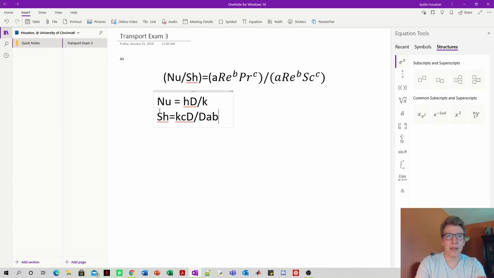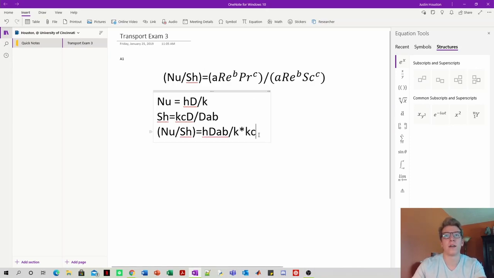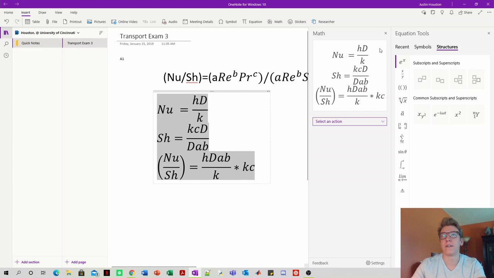So now that we have those, we can simplify this and say that the Nusselt over the Sherwood is going to be equal to H times that diffusion coefficient DAB divided by the thermal conductivity times that Kc value, the mass transfer coefficient.